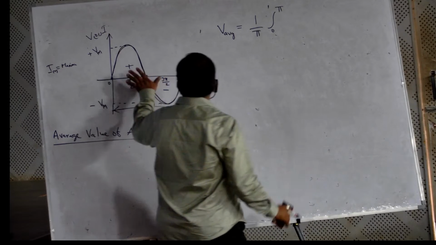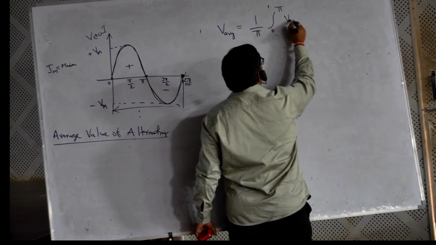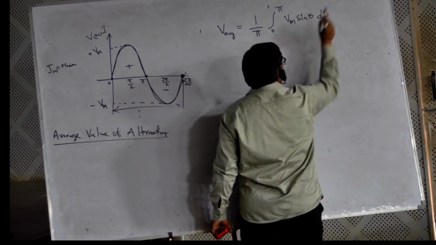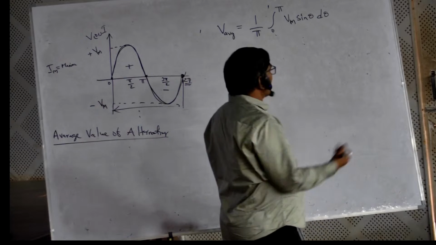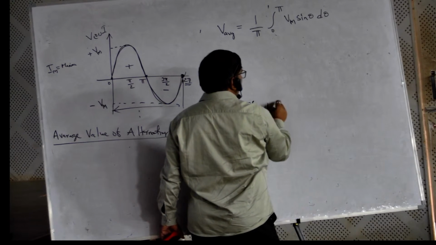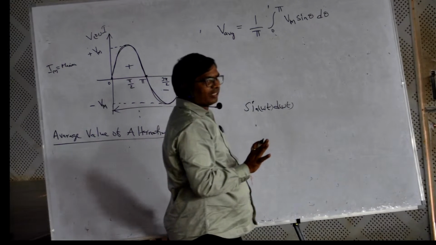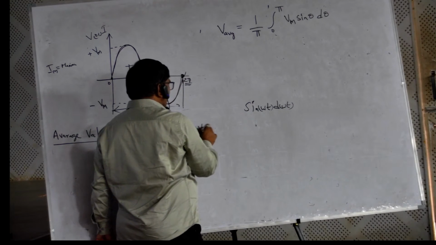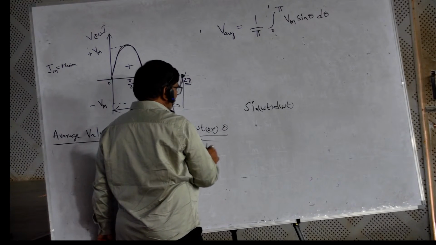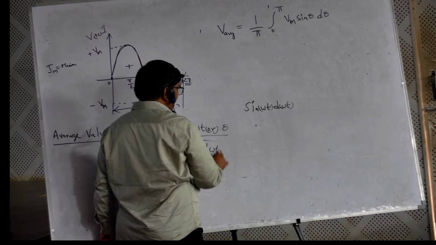How can we represent this waveform? Vm sin theta d theta, or you can represent it as Vm sin omega t d omega t. That is up to you, whether you write theta or omega t. If it is omega t, you have to differentiate with respect to d omega t, or d theta.